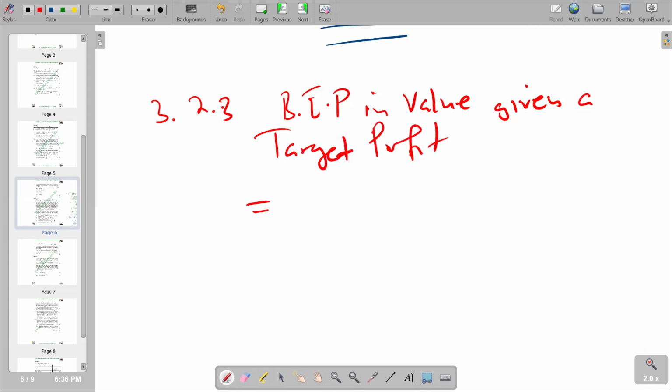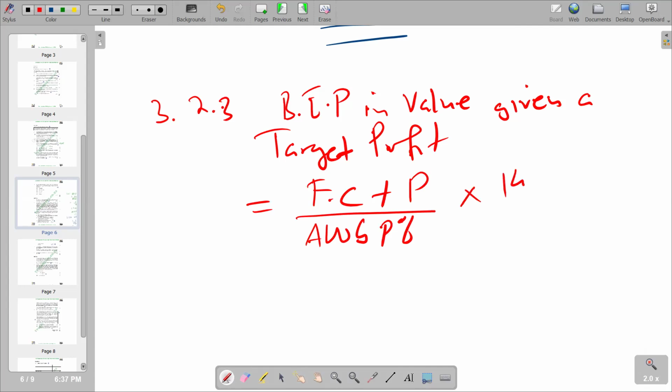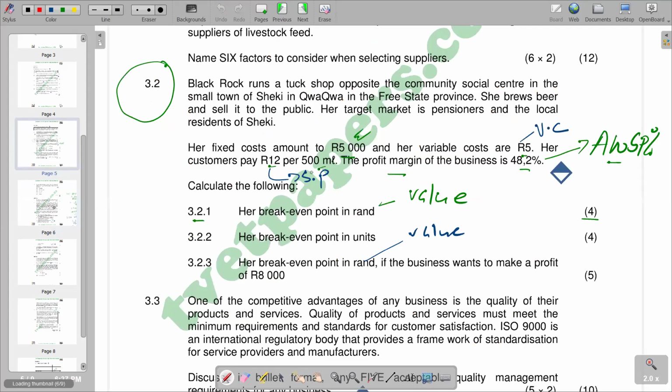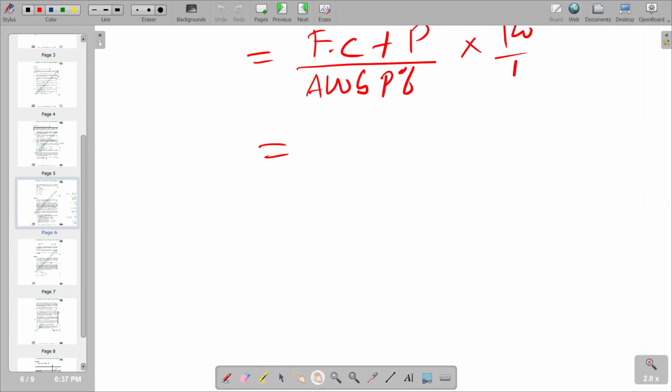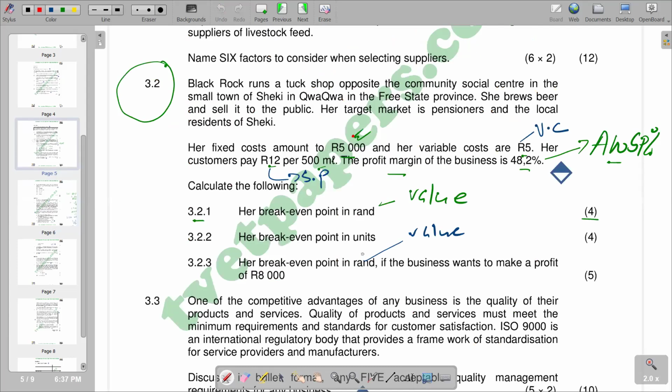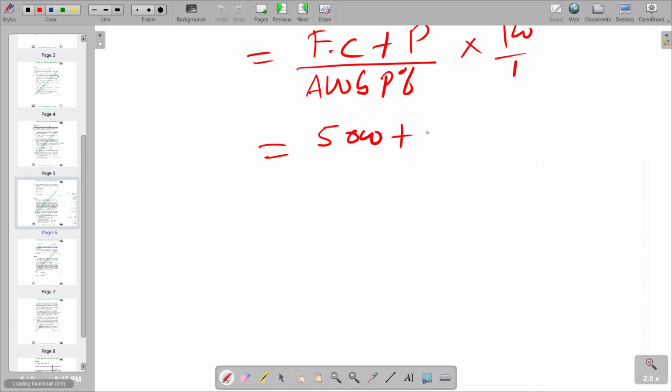The formula that we are supposed to use there is fixed cost plus the targeted profit over average weighted gross profit percentage, and then you multiply by 100 over 1. For the fixed costs, we refer back, and you see that fixed cost is 5,000 as usual. We put our 5,000 as our fixed cost, and then we add our targeted profit that we are given in the question, which is 8,000.